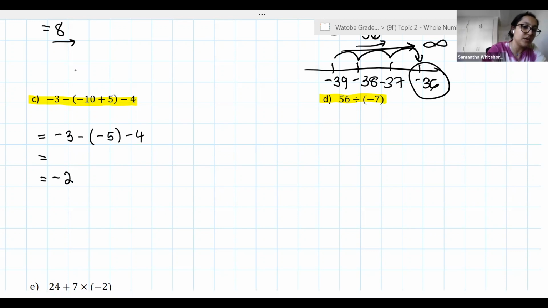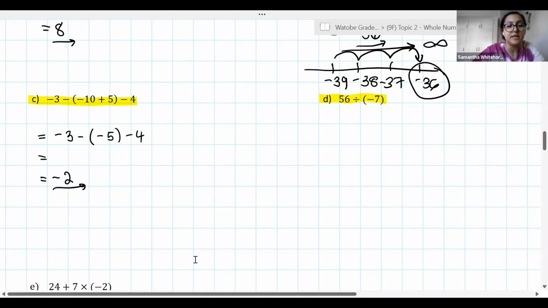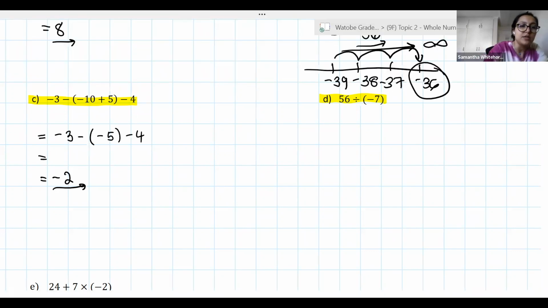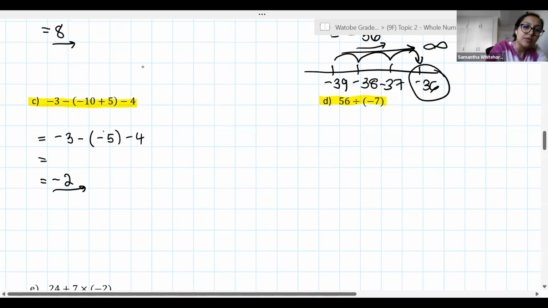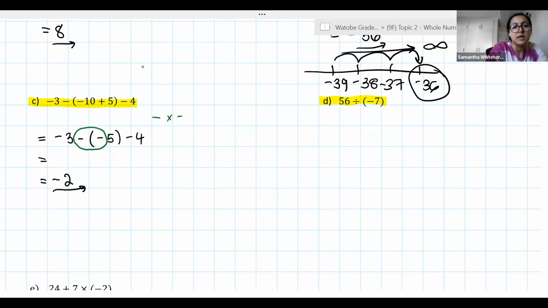Right, so guys, what I just want to quickly chat about here is that whole negative situation that Lufuno told us about in our expression. Now, this is quite similar to this question A. There are 2 signs right next to each other. And so here, when we've got a negative, we know that negative times a negative is a positive. And so what we actually have is -3 plus 5 minus 4.